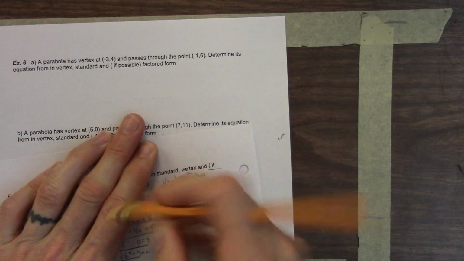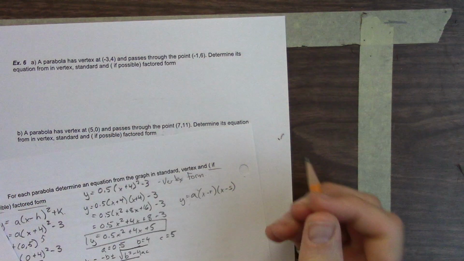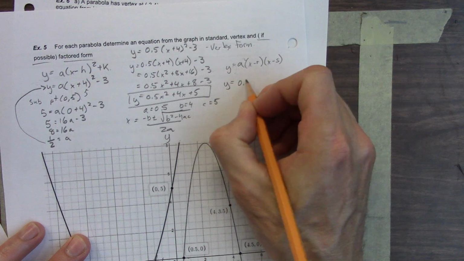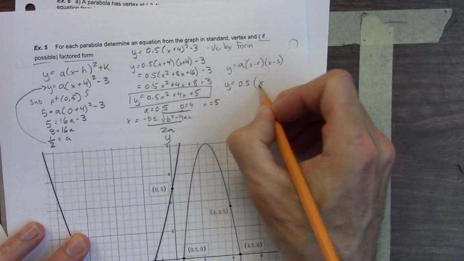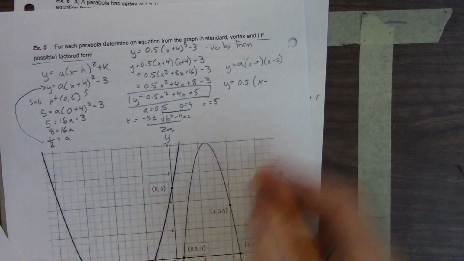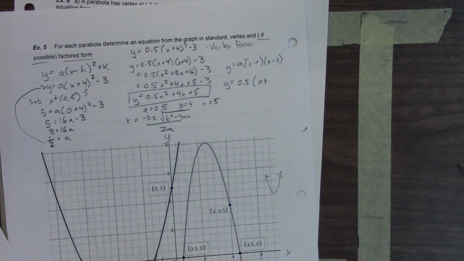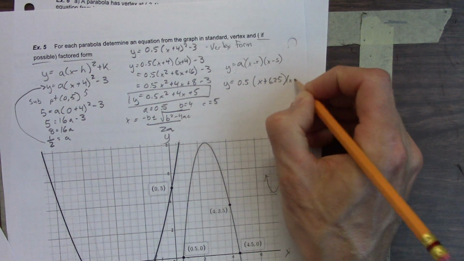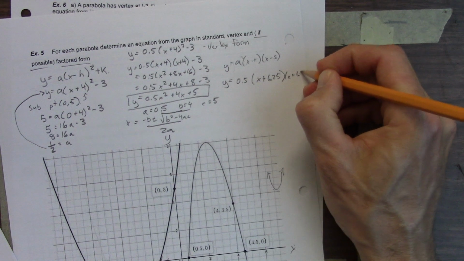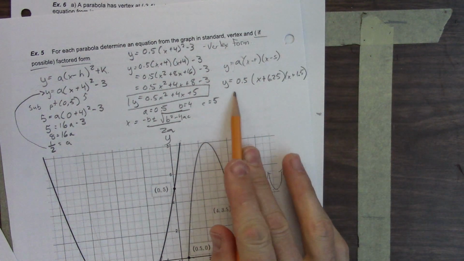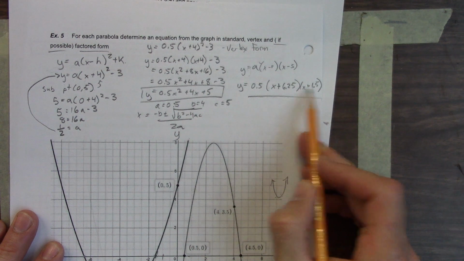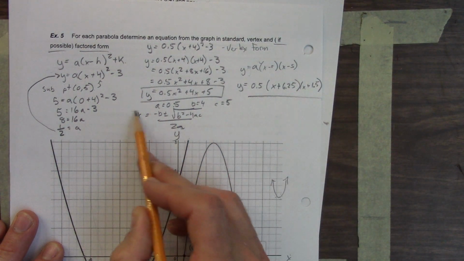We already have A, so we're going to say A is 0.5, x minus r, so this is a negative number, so it's going to be plus 6.25 and x plus 1.5. That's our factored form. And you can check that by finding two values of x here by using this formula.